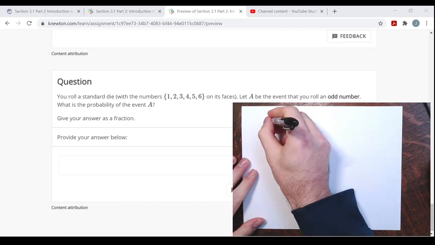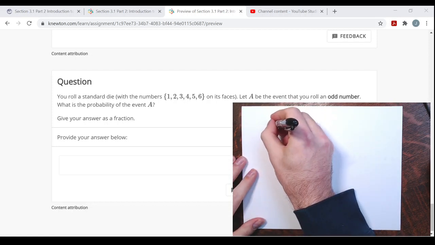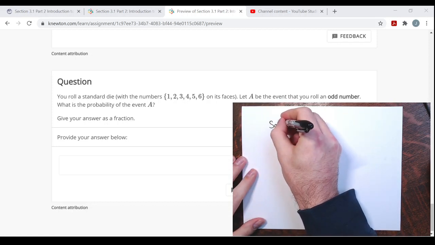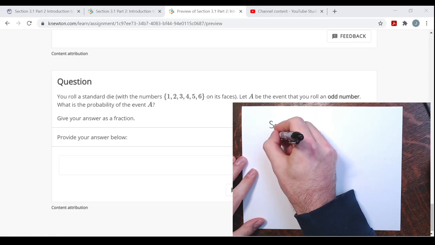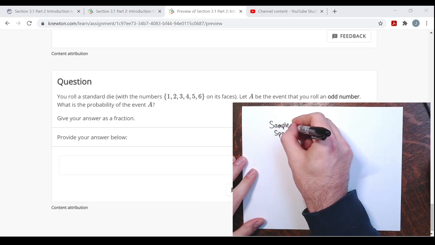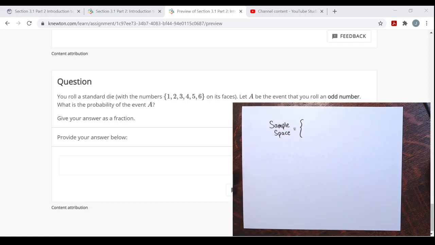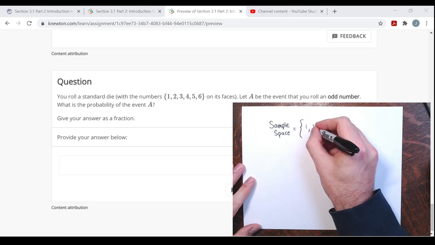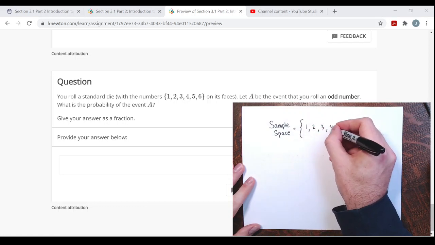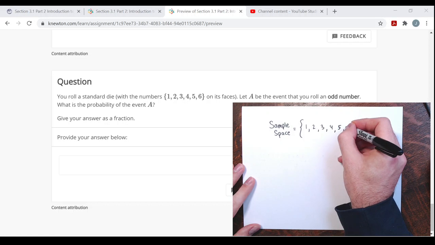So the experiment here is rolling a die. The sample space then is just simply, I mean, they have it right there in the problem. It's the list of all possible outcomes when I roll one die.